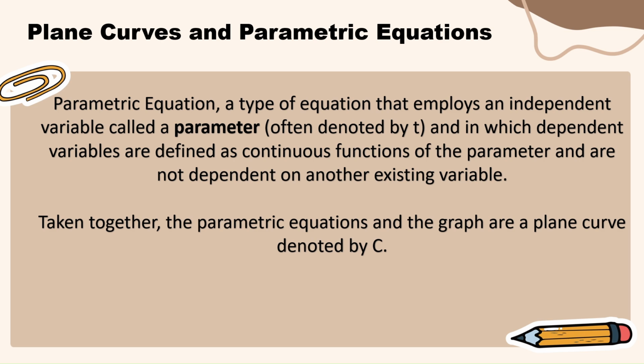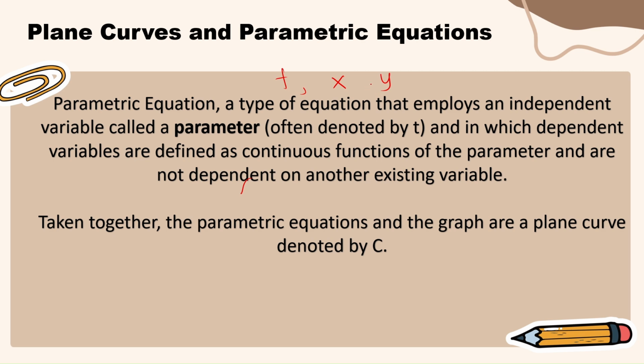So for our parametric equation, we will usually have our parameter t. Then we have two dependent variables, which are x and y.